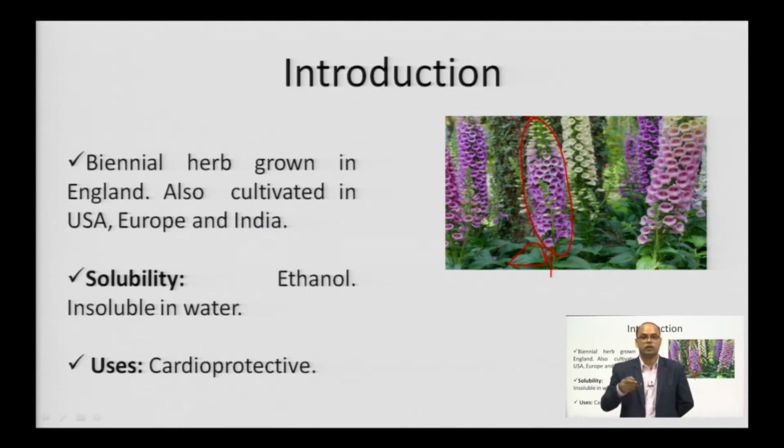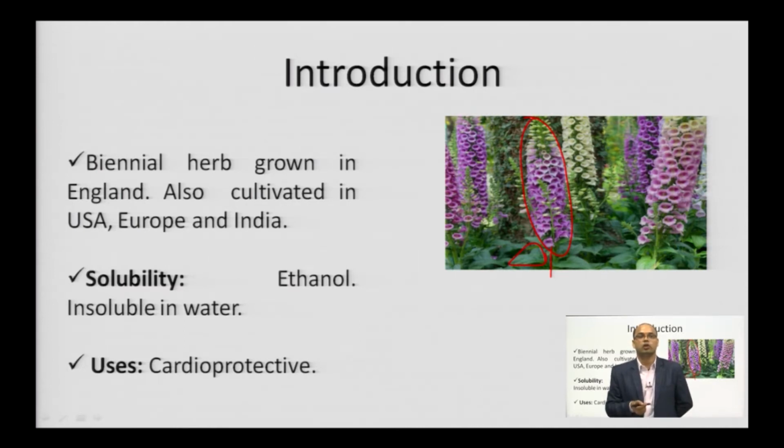If you turn the flowers of foxglove upside down, they look bell shaped. It is a biennial herb which is grown in England, but due to its medicinal value, it is also cultivated in USA, Europe and India.